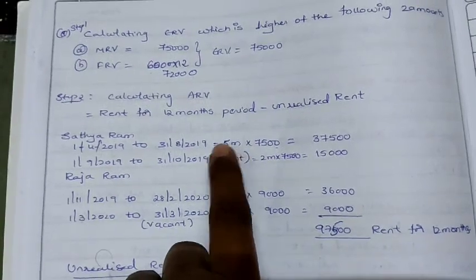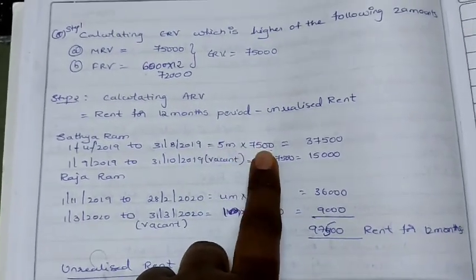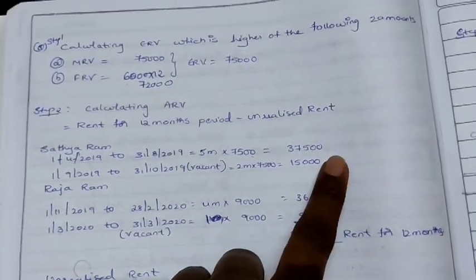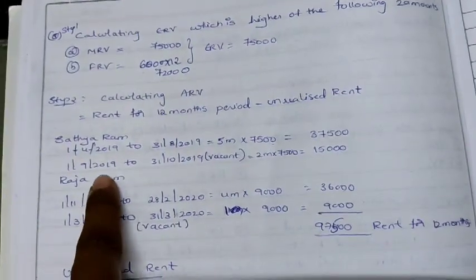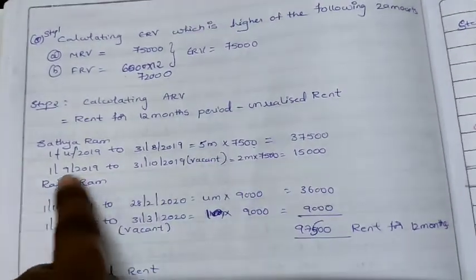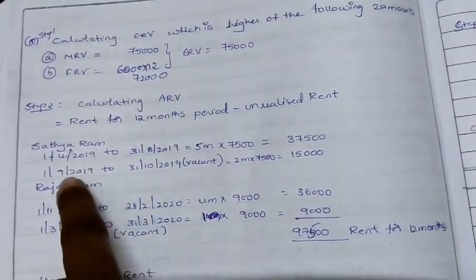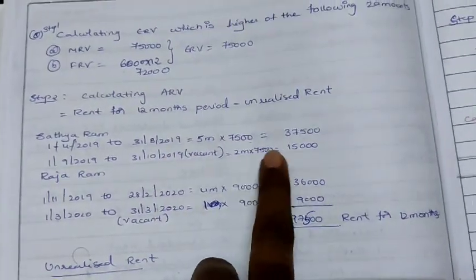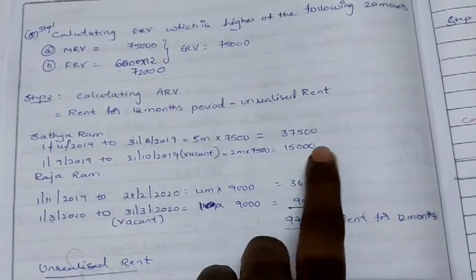So 5 months into 7,500 per month rent is 37,500. Next, from 1/9/2019 to 31/10/2019, the house is vacant, 2 months, into 7,500, that is vacancy loss to the owner.